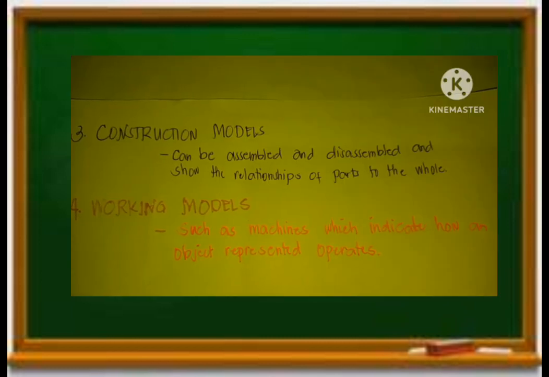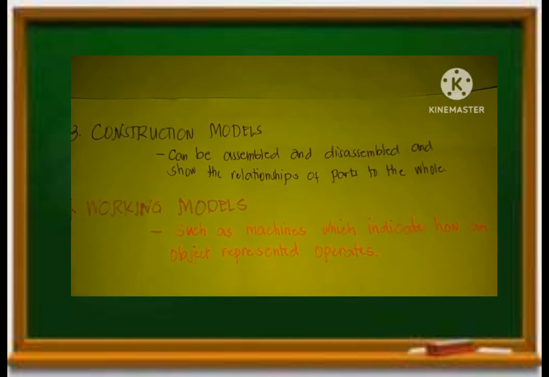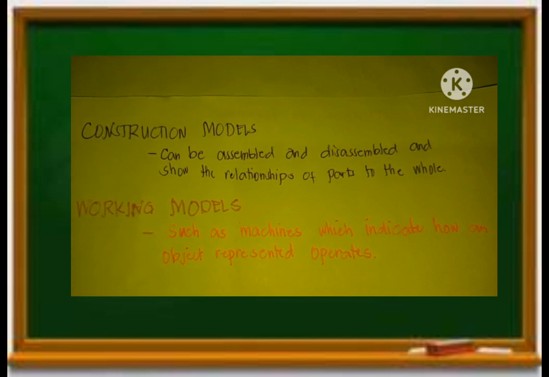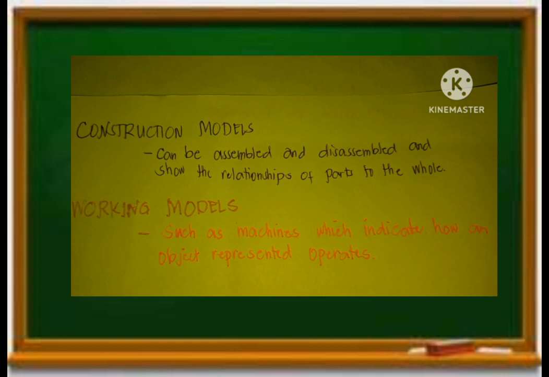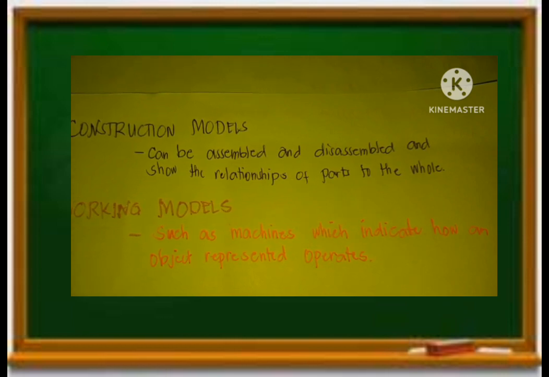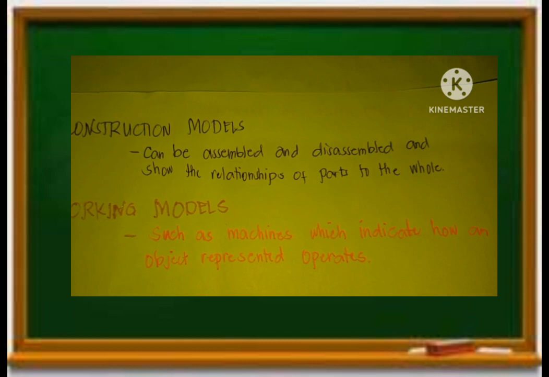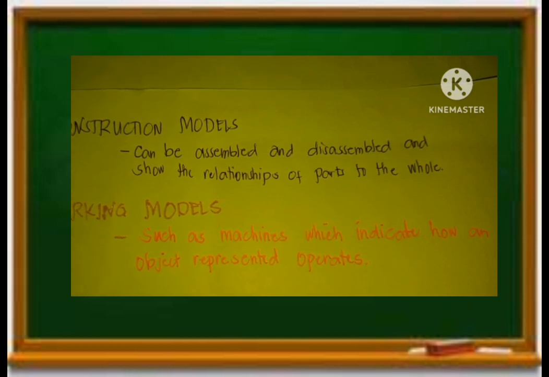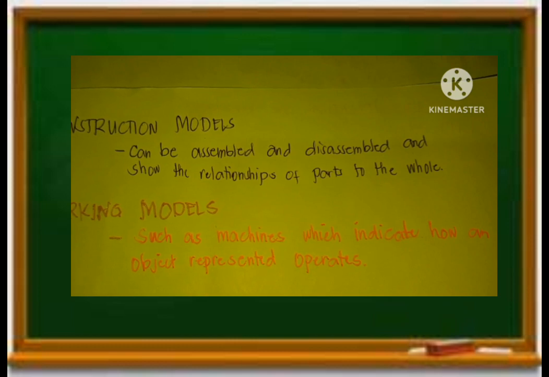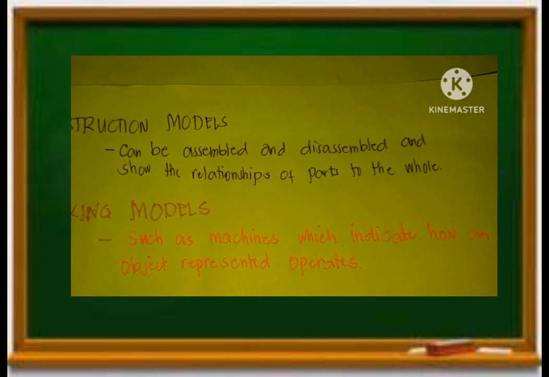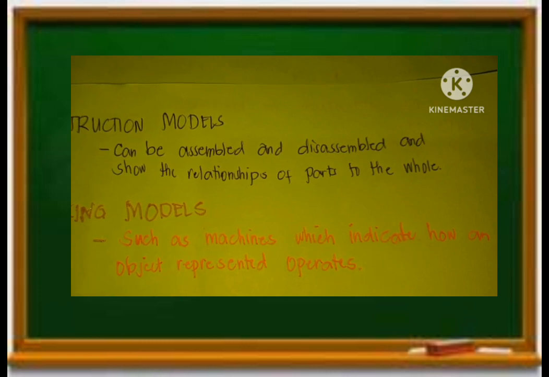And the working models, such as machines, indicate how an object represented operates. Working models enhance system thinking abilities, pointing out how a thing or machine functions. It is an actual or process machine that can do on a small scale the work which the machine itself does or is expected to do.